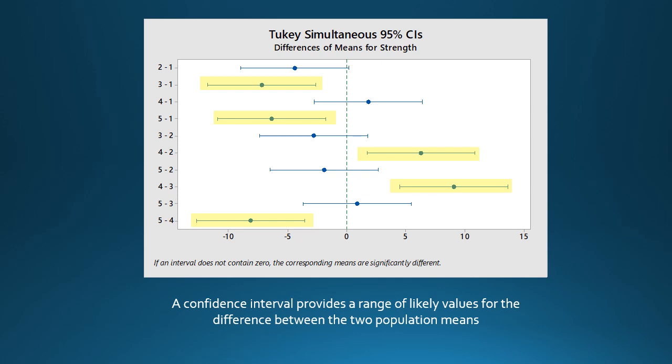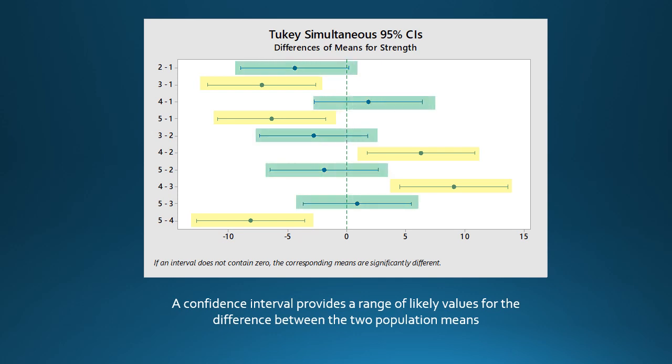If the confidence interval contains the value 0, then we fail to reject the null hypothesis and cannot conclude that the two groups are different. The confidence level for each interval is adjusted using Tukey's procedure to keep the overall error rate controlled.